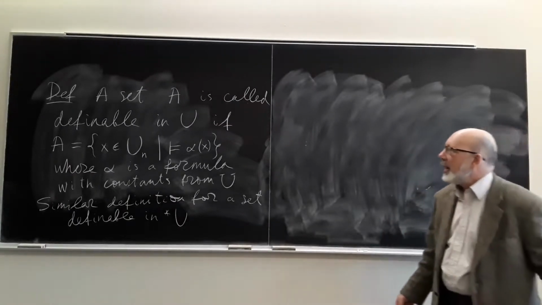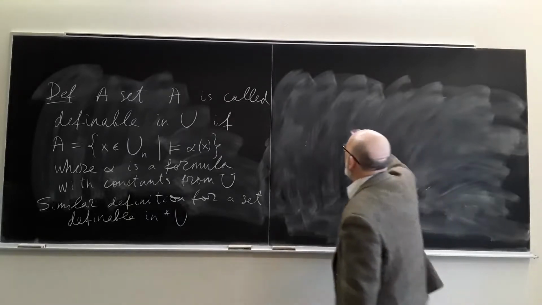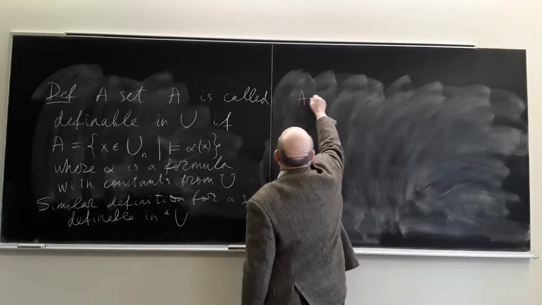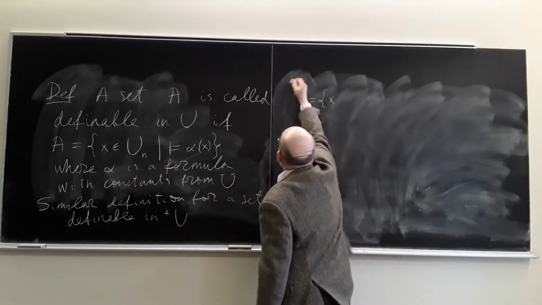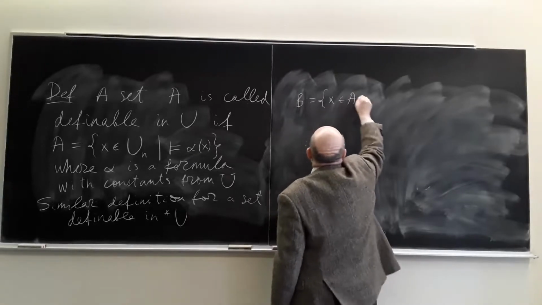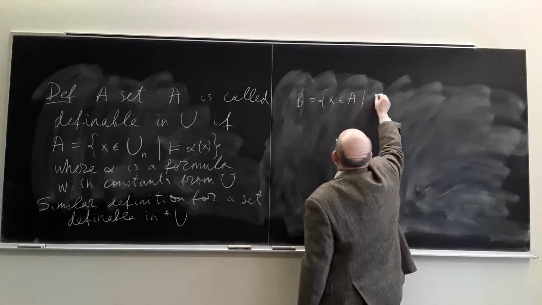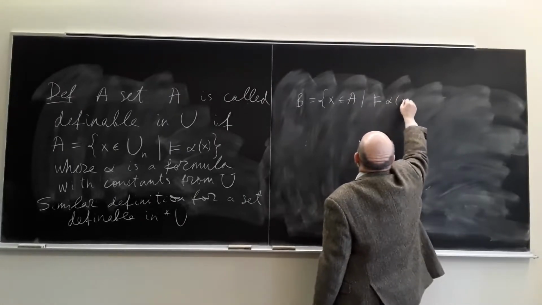But more informative is the formula: A is the set of x in A such that alpha of x holds true.